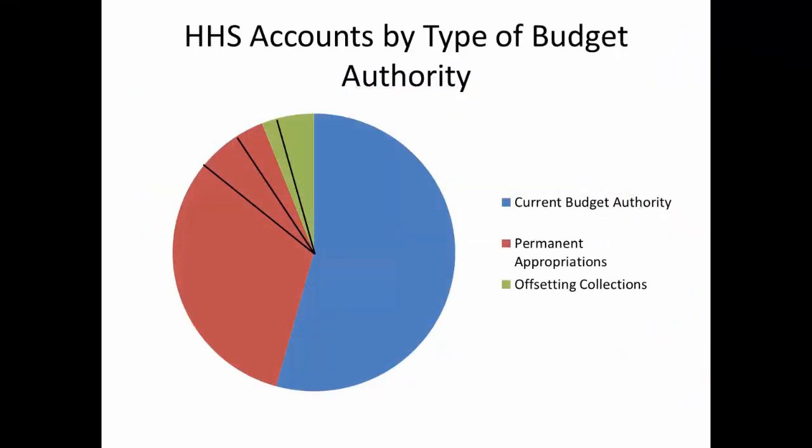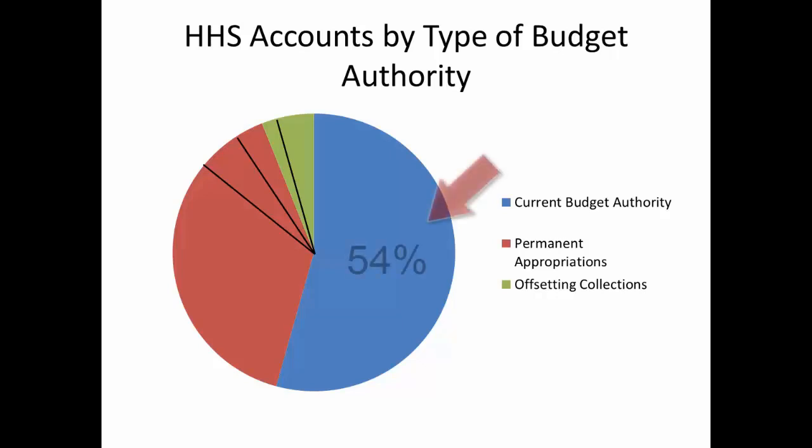There are, of course, many other permanent authorities that permit an account to accept offsetting collections that I've not mentioned. The Government Employees Training Act, the Stafford Act, the Economy Act, and so forth. But these authorities permit the collection of funds in accounts that also receive annual appropriations.